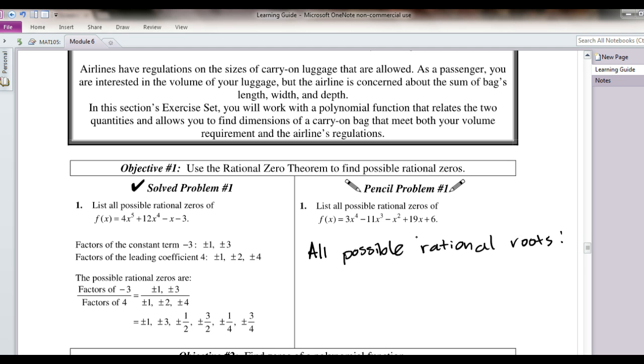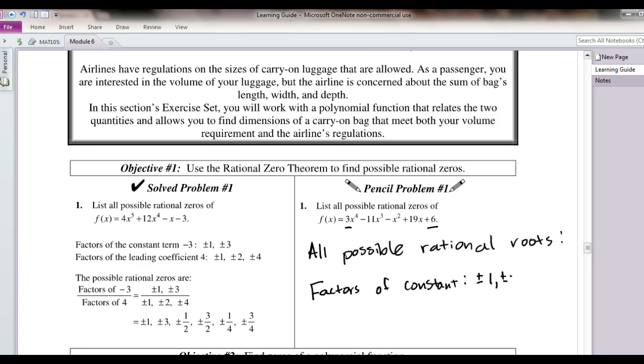So we look at the constant term over the leading coefficient. The possible factors of the constant term, in this case 6, has a few: plus or minus 1 is the smallest.